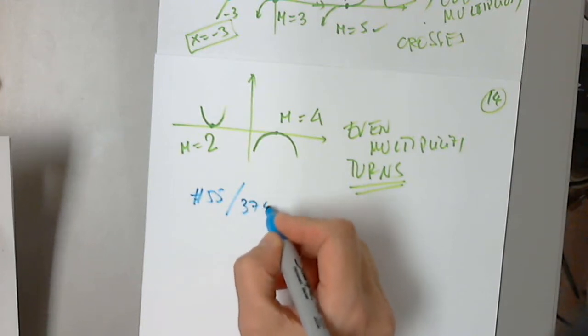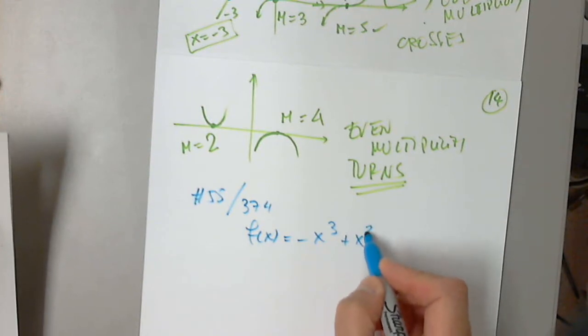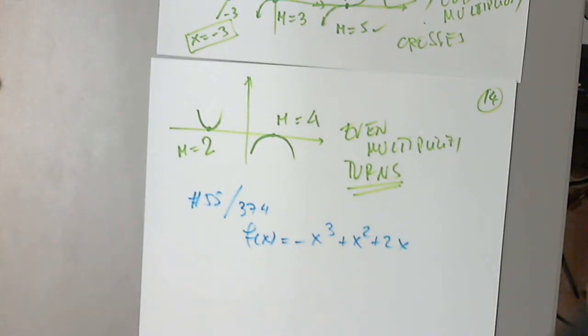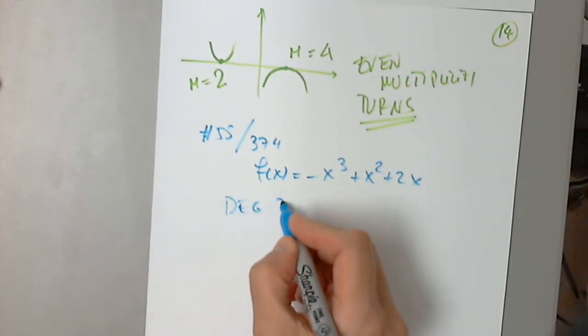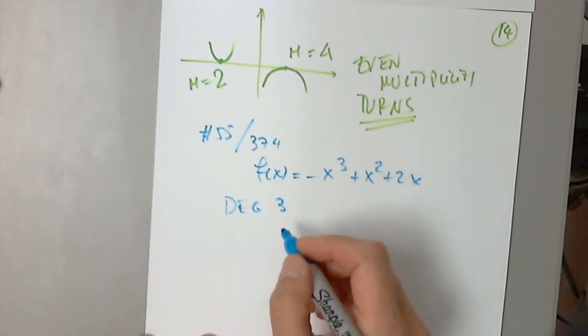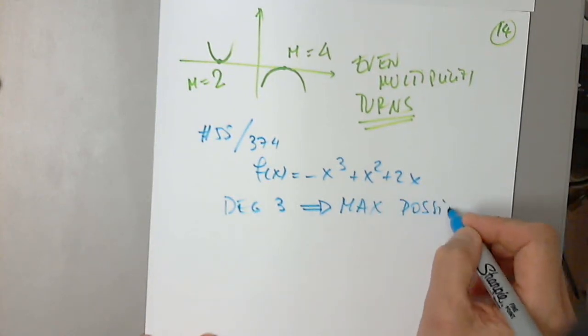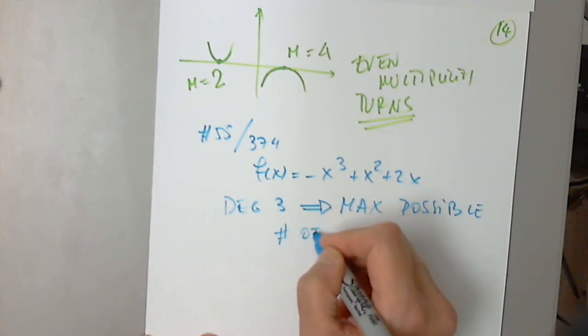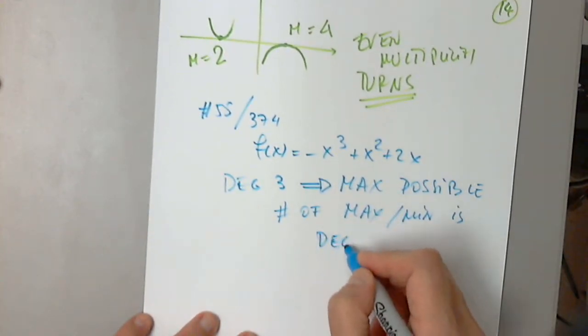I'm going to start with 58 on page 374, which is f of x equals -x cubed plus x squared plus 2x. Since you haven't chosen, you're going to tell me what degree this is. Good. Degree 3. Let's start with the table. So degree 3. This implies that the maximum possible number of max min is degree minus 1.